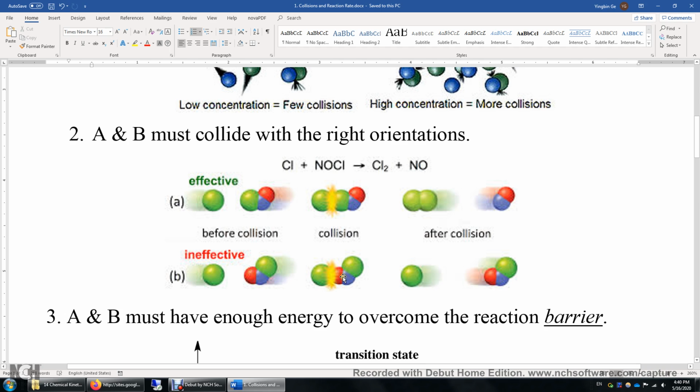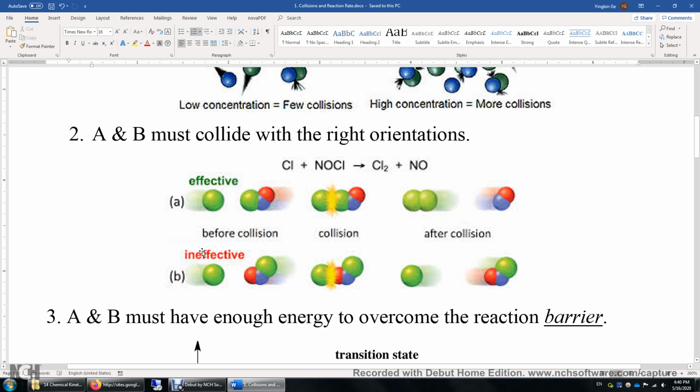It's more difficult to break a double bond than to break a single bond. So, several reasons, and there's no reaction. And obviously, it's impossible for this collision to produce Cl2 because physically they are far away from each other in space. And this is called ineffective collision.